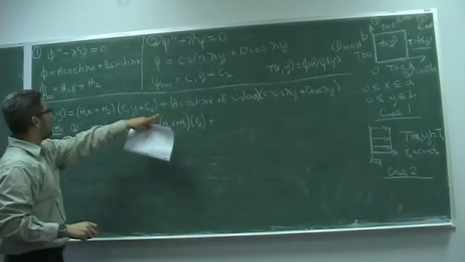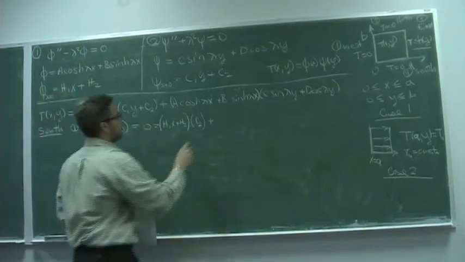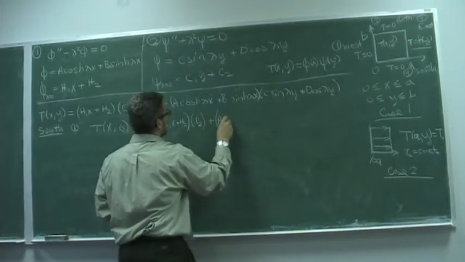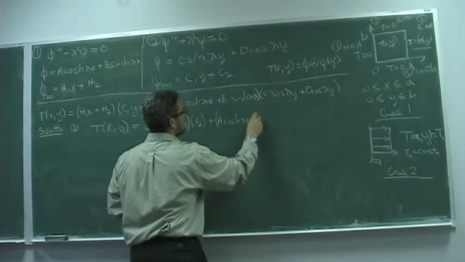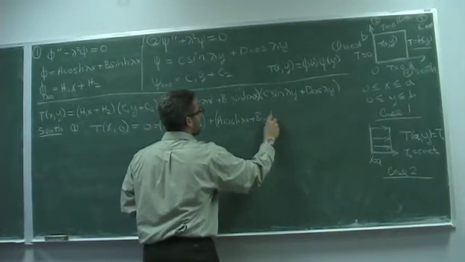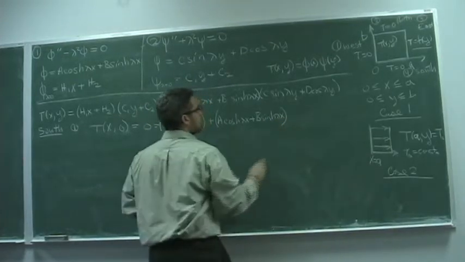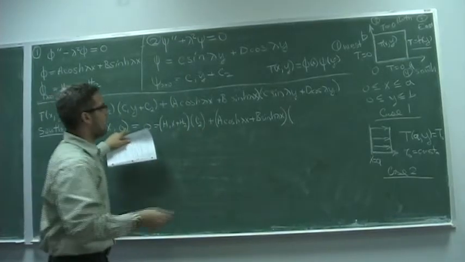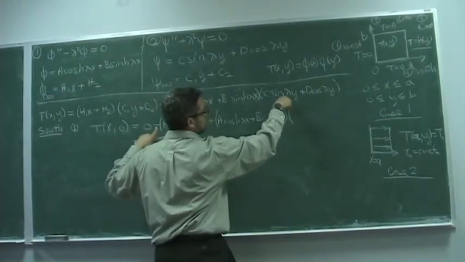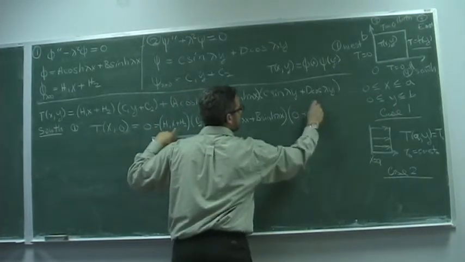With y being 0, the first term remains a cosh(lambda x) plus b sinh(lambda x). There's your first term. The second term, we have 0 for y, so sine of 0 is 0, plus d.